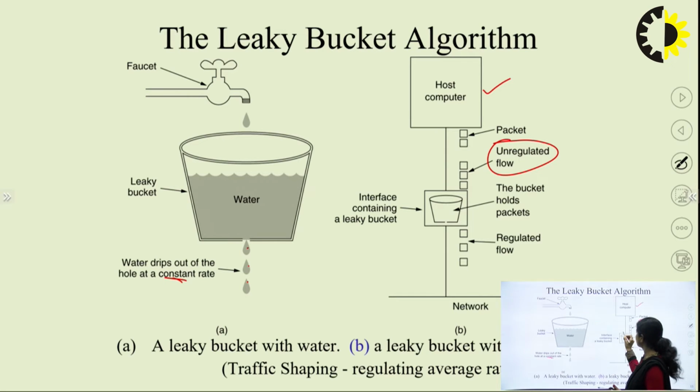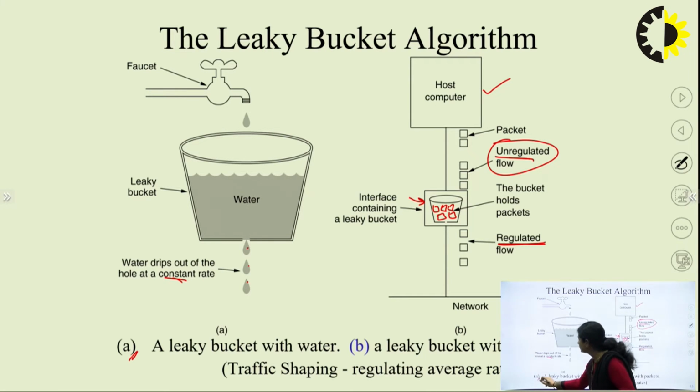That is the interface we have here, which contains some sort of container or a buffer, which is the leaky bucket, we can say. This bucket holds whatever packets are coming. The packets were coming at an unregulated flow, but here at a regulated flow the packets will move out of this leaky bucket, right?